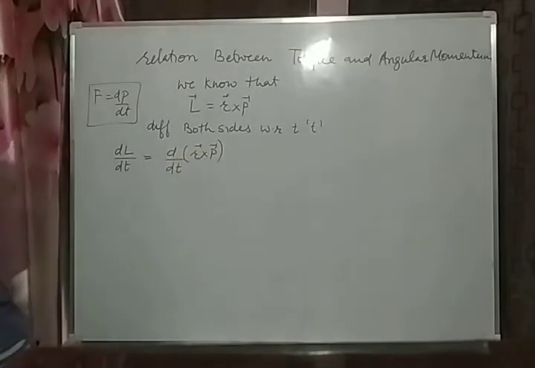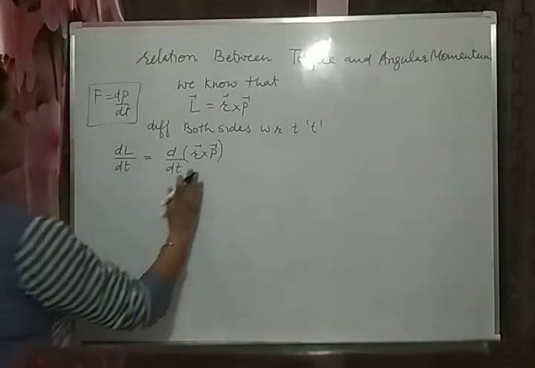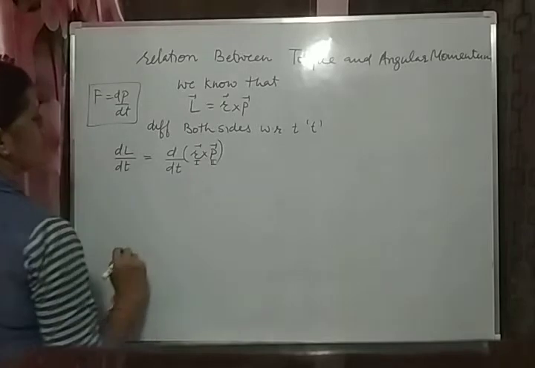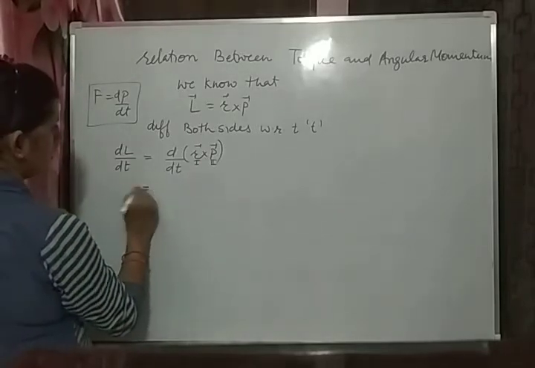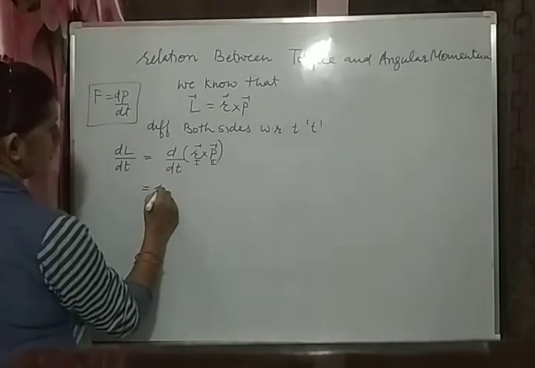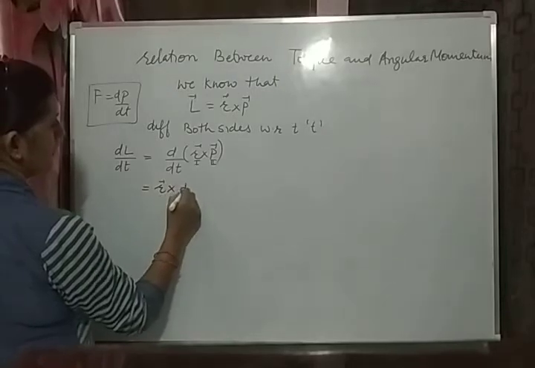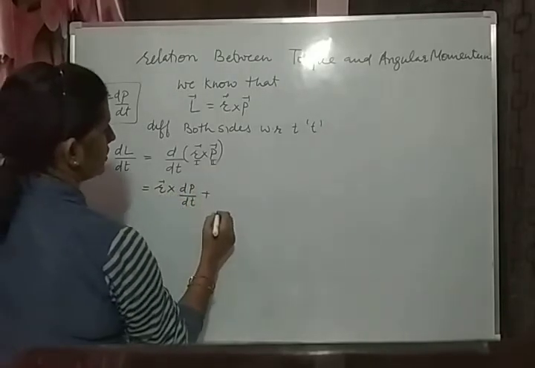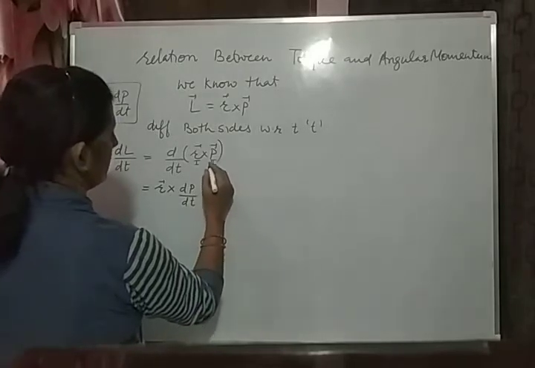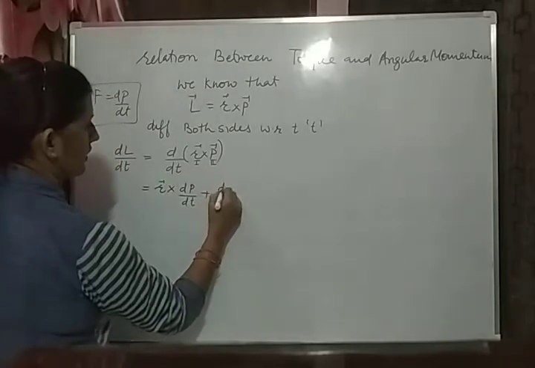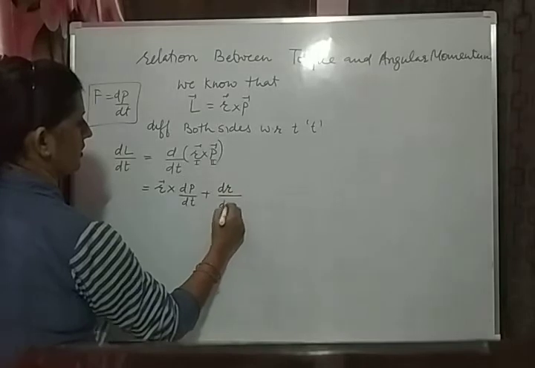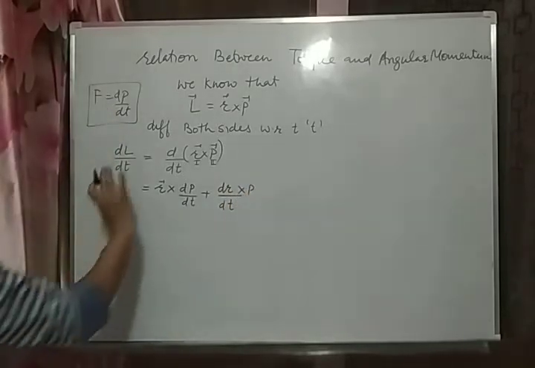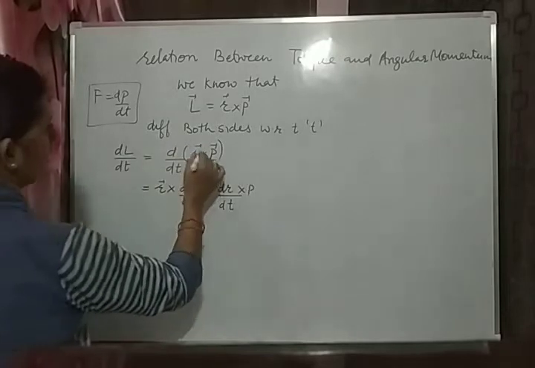So the product rule is applicable here. You will apply the product rule. Consider this as the first function and this as the second function. So this is equal to first function as it is, differentiation of second, plus second function as it is, differentiation of first. You will write dr by dt into p. You cannot change the order in the cross product.